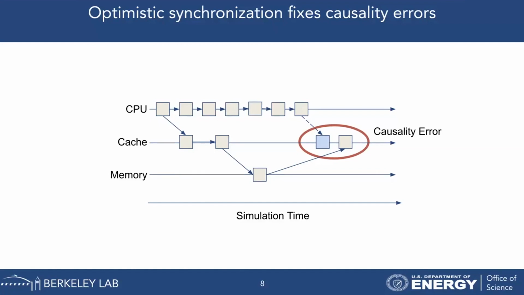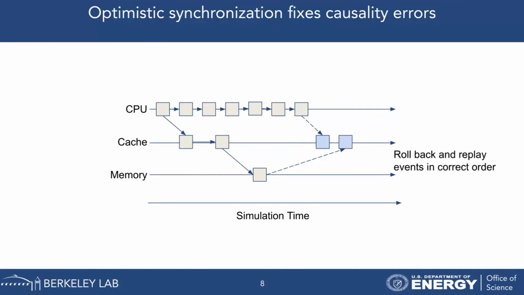And this is exactly what we need to undo. So what optimistic simulation does is it identifies this, then we reverse it, and then we replay the events in the correct order. In this way, we're able to totally eliminate the synchronizations. Obviously, we have to make sure that our events are reversible, and there are also certain overheads to make sure that we can always reverse these events.